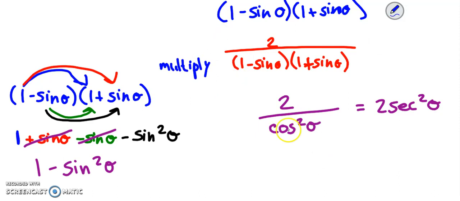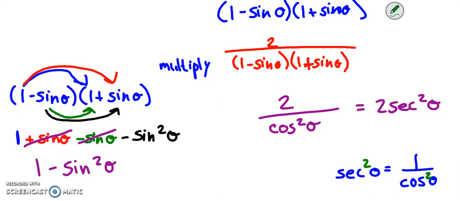Again, we're going to go back to our trig identities. We know that when it comes to secant theta, that is 1 over cosine theta. And again, if you do the squares here, it's the same thing. If you do cubes, the same thing. To the 4th power, the 5th power, 6th power, it's the same thing.